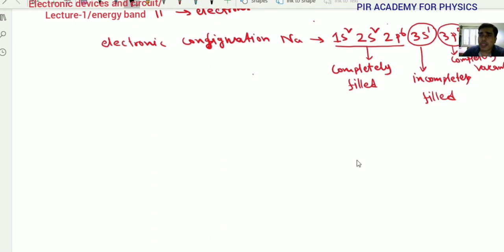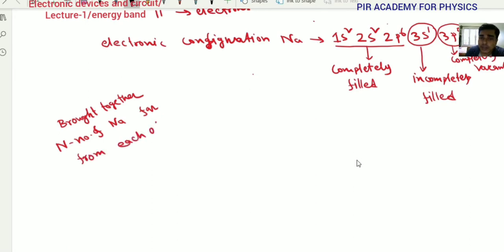Now, if I bring together n number of sodium atoms, far from each other, then what happens?